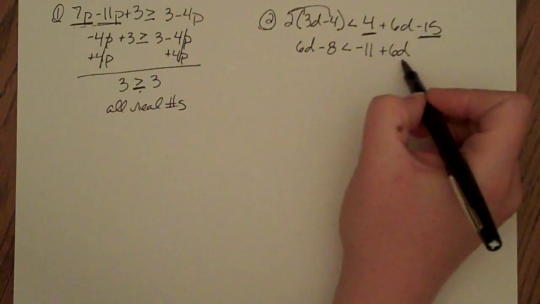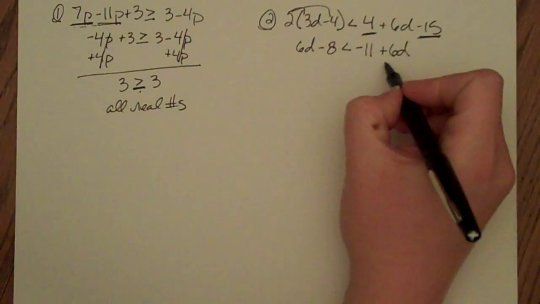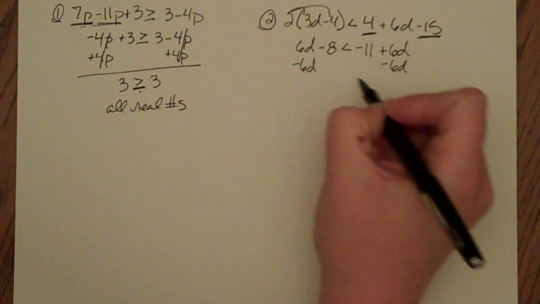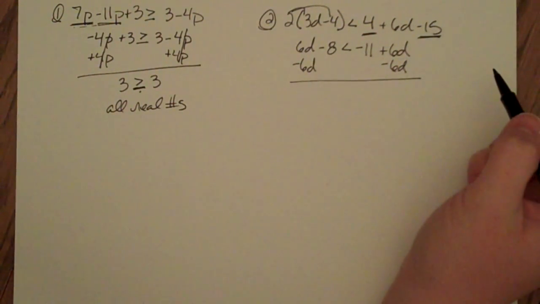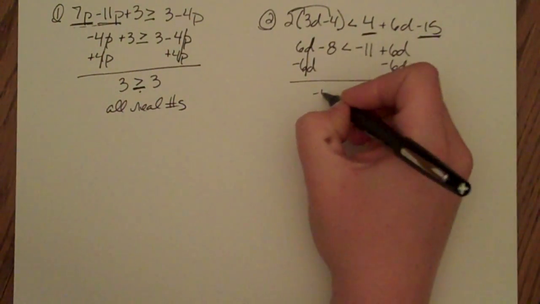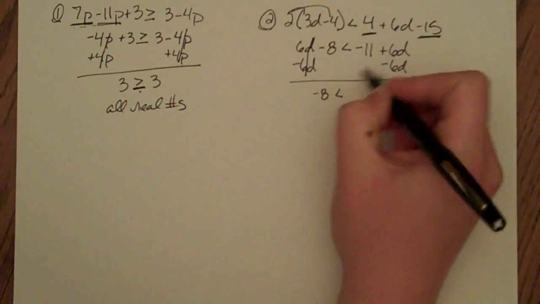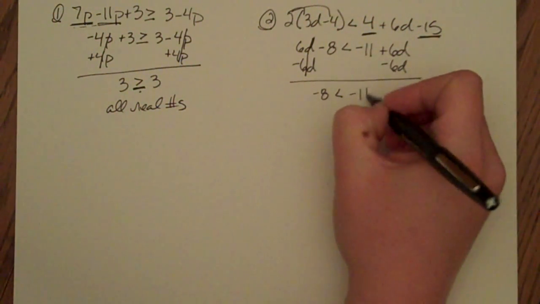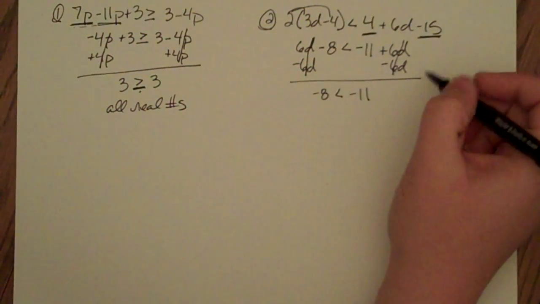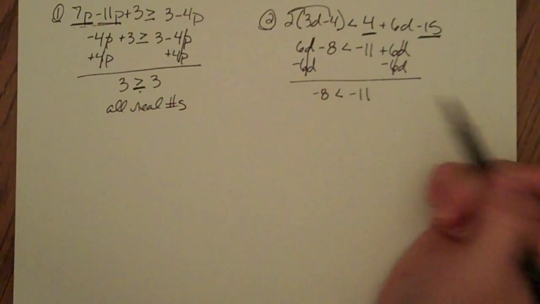Now we want to get the d's together on the left side, so I'm going to subtract 6d here, subtract 6d there, and again, what happens? 6d minus 6d cancels, leaving us with negative 8 is less than negative 11.